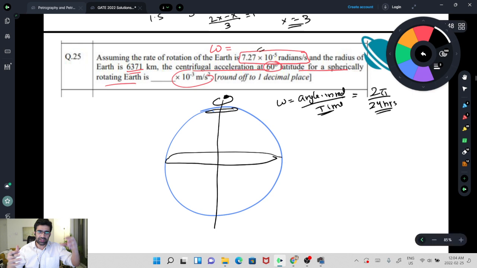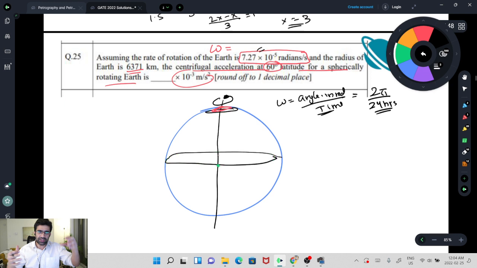Now this is the angle, because whether you are at this point or at this point, you are covering a 360-degree or 2 pi angle. But what is the main difference? Here the distance that needs to be covered is so large, whereas the distance at this point is very small.